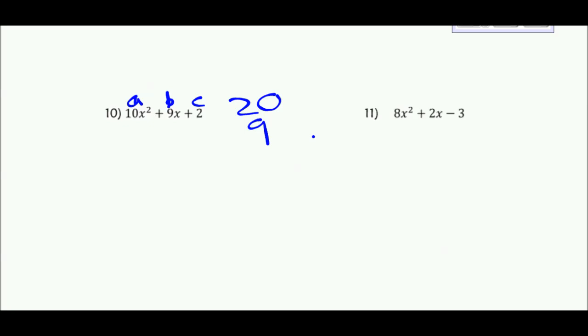And then you have to figure out what goes in 20 and 9, which would be 24. And those would substitute for that. And it would be n x plus 5 x plus 4.